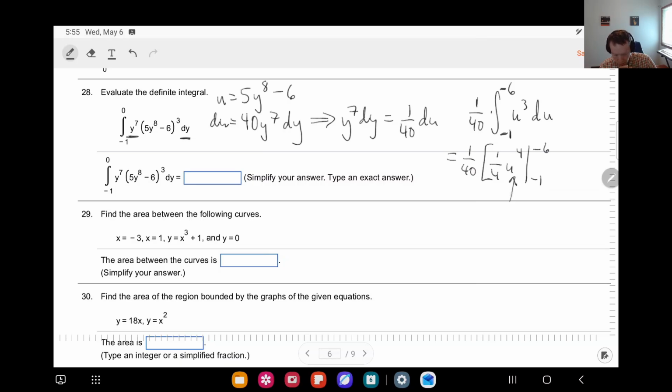Notice that this is u to the 4th here, so those negatives, when we plug those in, they're not going to mean anything. So 1/40th times 1/4, times -6 to the 4th minus -1 to the 4th.